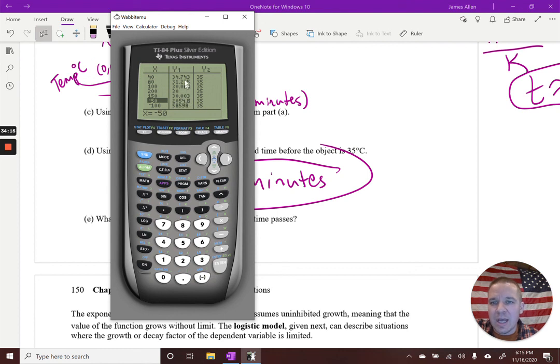Okay, so I can kind of see, as it goes down, it's getting closer and closer to 30. I bet if I plug in 300, let's see if it goes below 30. It's not. Spoiler alert. It keeps saying 30. Now it's 30.0000 something. But what's happening is it's getting closer and closer to, as I said before, room temperature.